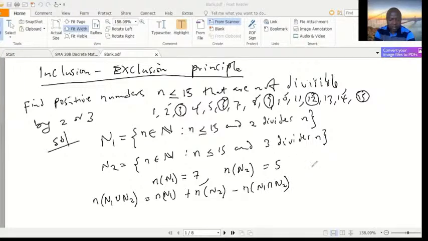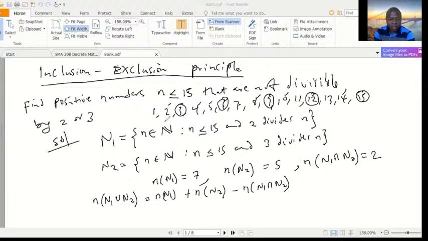I want to show you how to find the intersection. I just multiply 2 and 3 and get 6. 6 divided into 15, 6 would go there 2 times. So the number of elements divisible by both 2 and 3 is 2.